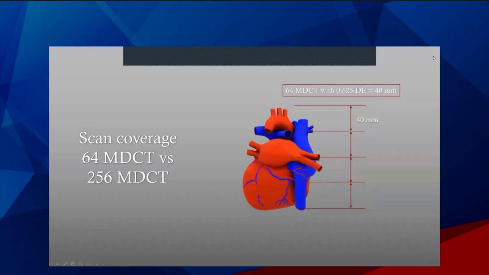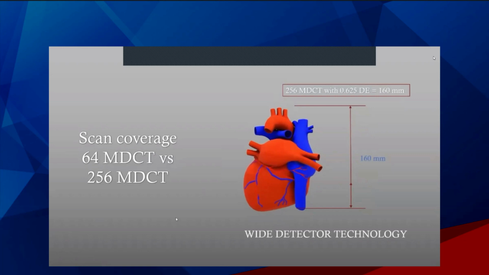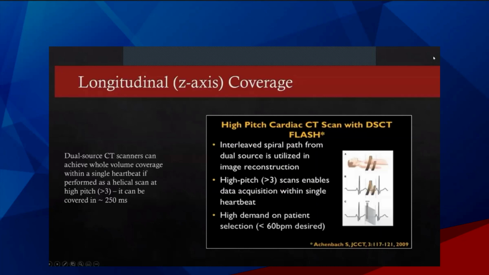However, with a 16 cm width detector, this can easily be achieved on a single heartbeat acquisition. Another approach to obtain whole volume coverage with a single heartbeat is available on the dual source CT scanners.